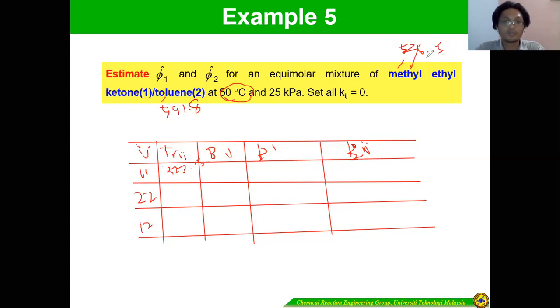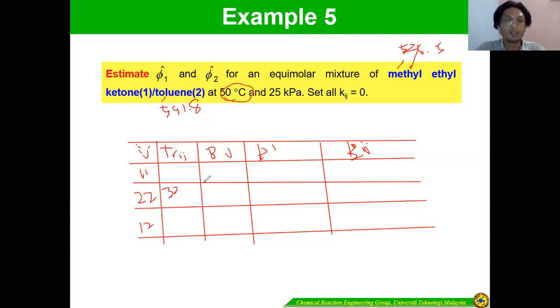Similarly for toluene, 50 degrees C, 323.15 Kelvin divided by TC from the appendix, 591.8, so you can get TR.